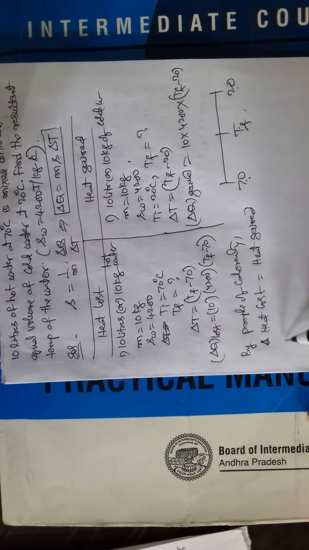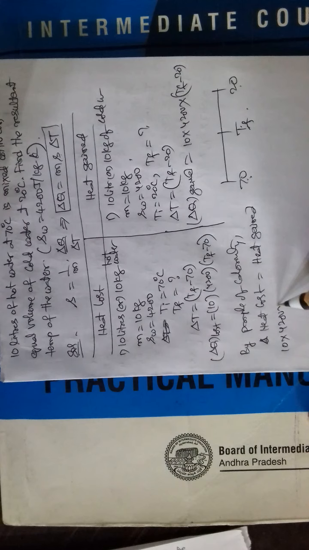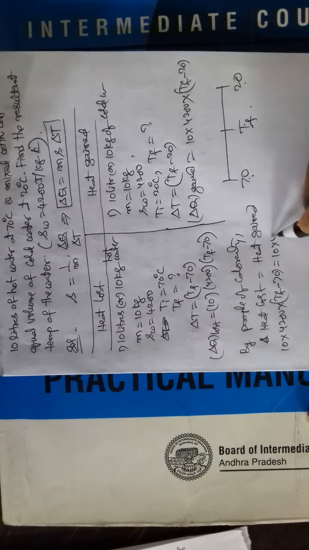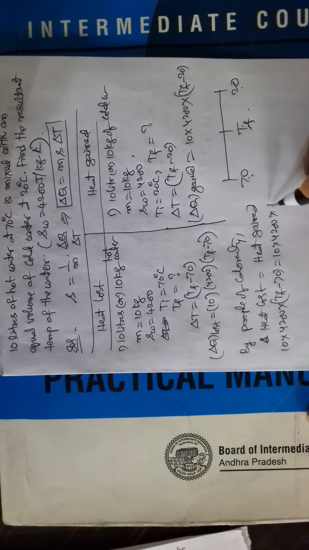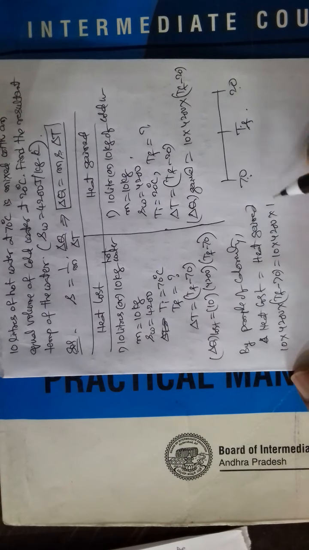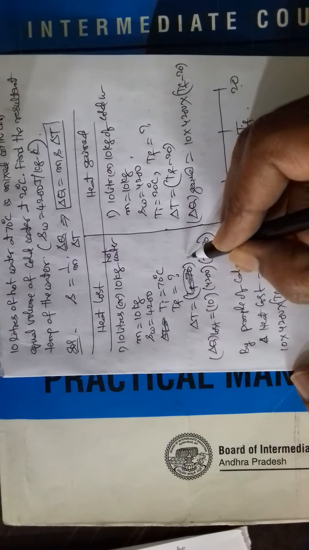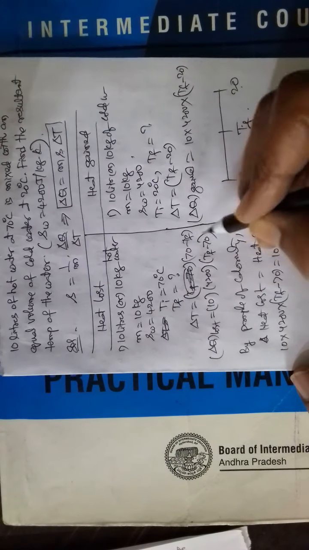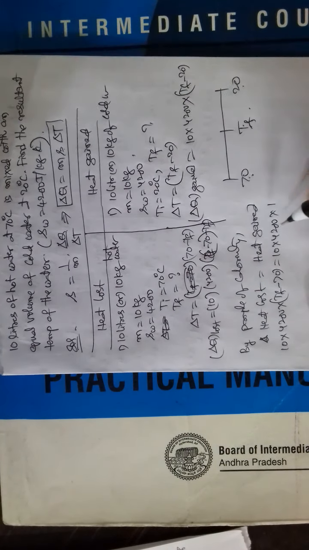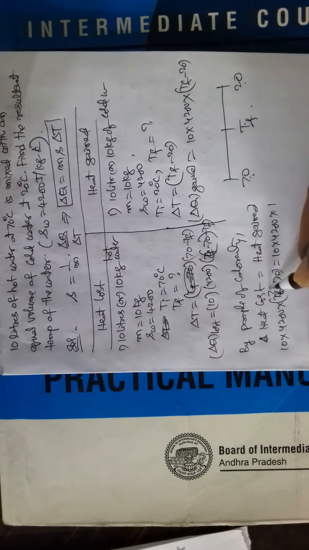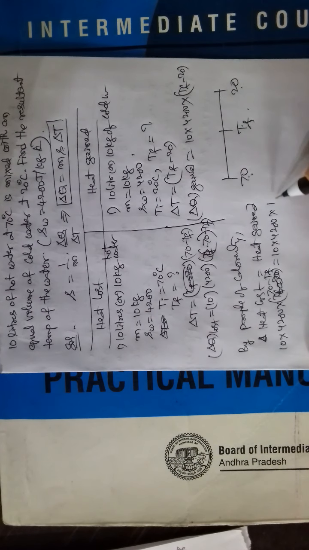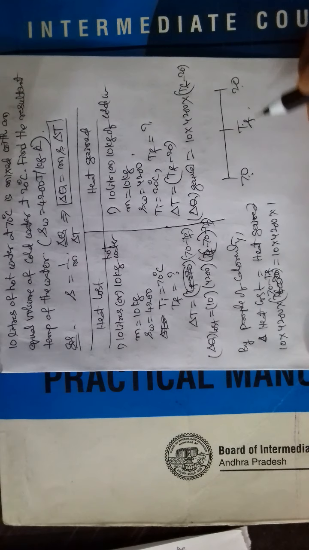Heat lost is here 70 minus TF, and here TF minus 20.